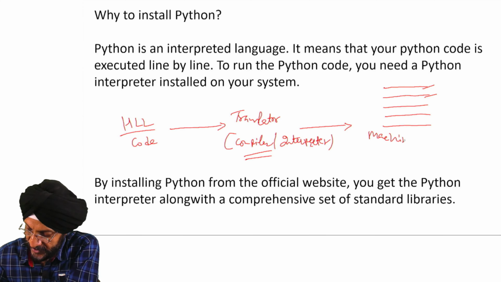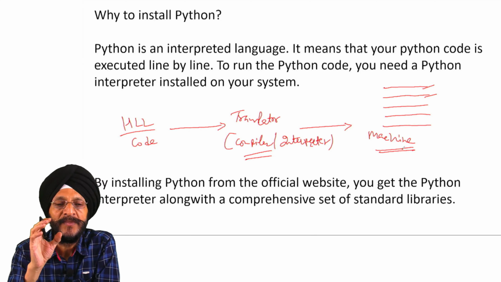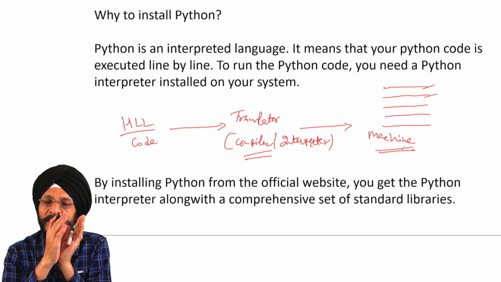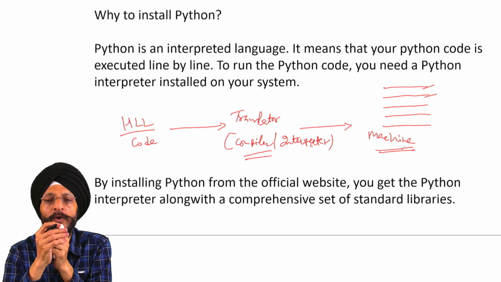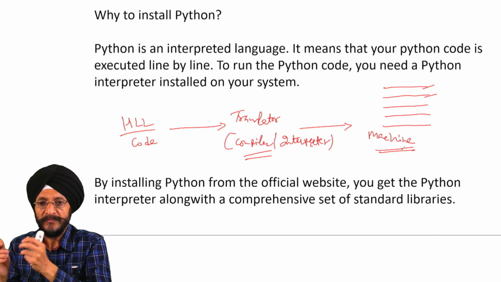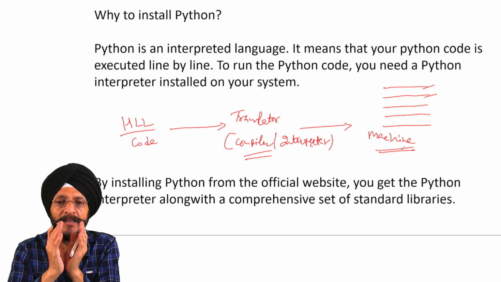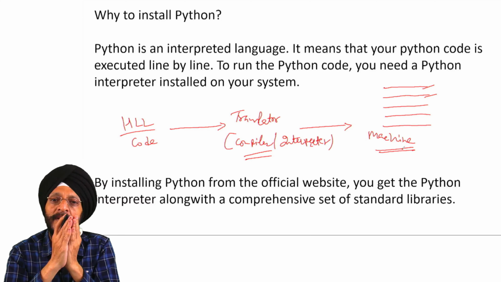That is, the machine understands only binary language. The interpreter will translate the code written in Python into the binary language or machine code, and then the machine will execute the instructions. So when the Python language is not understood by our computer system, it is necessary for us to install the Python installer.